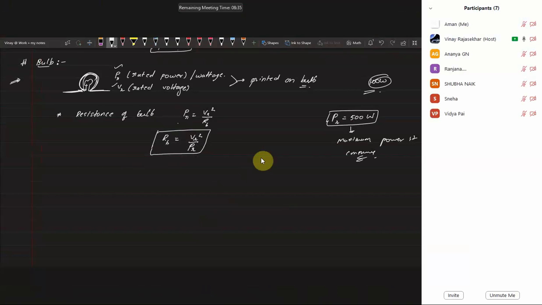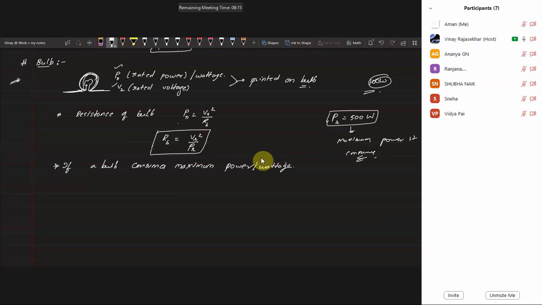So, for example, if a bulb consumes maximum power, this is also called wattage.